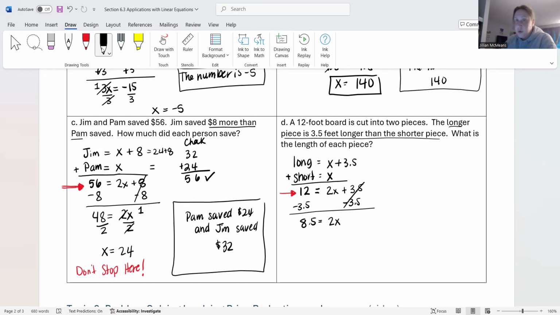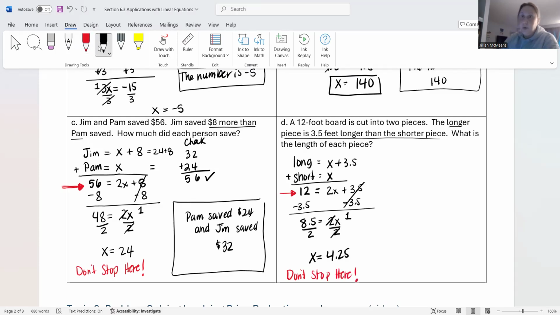So we need to undo the multiplication of 2 and x. So I would divide both sides by 2. 2 divided by 2 on x is just 1. 1 times x is x. And then 8.5 divided by 2 is 4.25. You can certainly use your calculator there to check. And again, don't stop here.